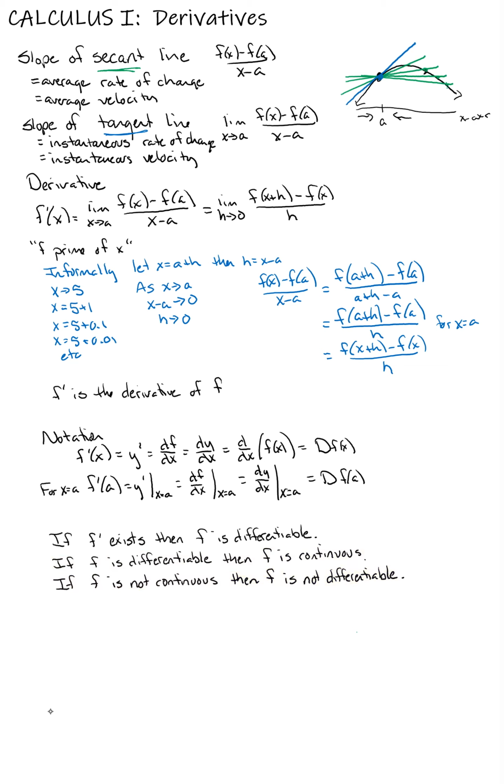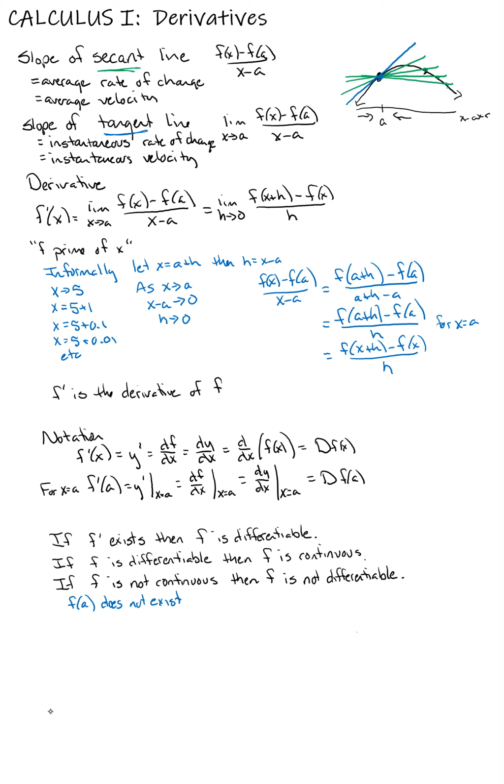Let's first remind ourselves what not continuous means. When is a function not continuous? Well, when it does not meet the three conditions for continuity. That, just as a reminder, means that f of a does not exist. Right?